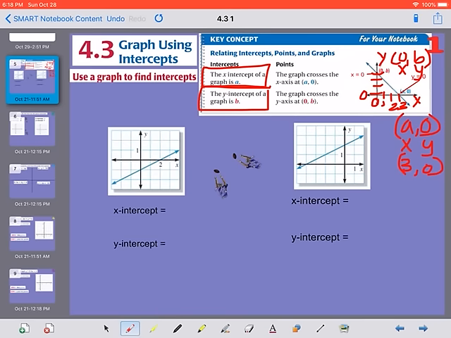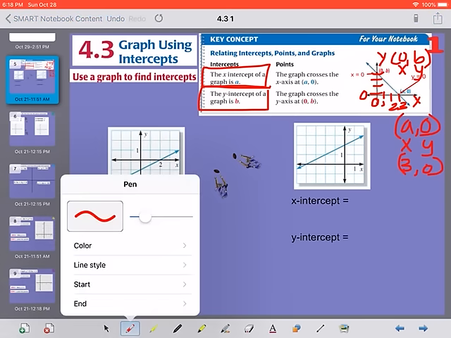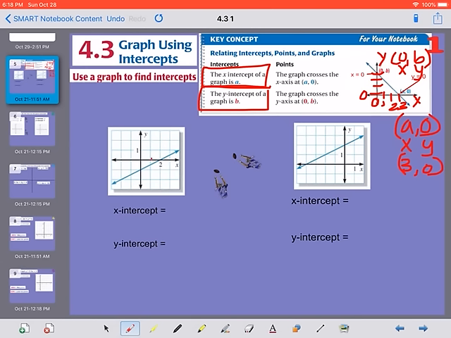So let's take a look at a couple graphs we have here. We can see on this graph we have 1 and 2 to the right here, and then this would be -1, -2, and so on. So our x-intercept, where does the line cross the x-axis?